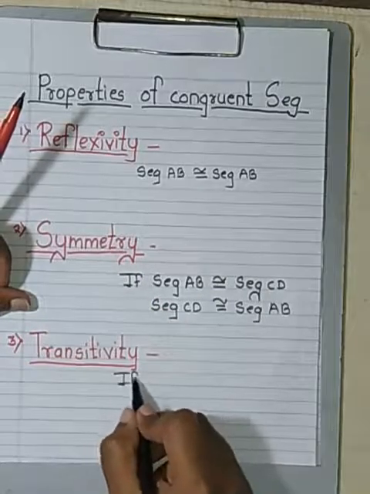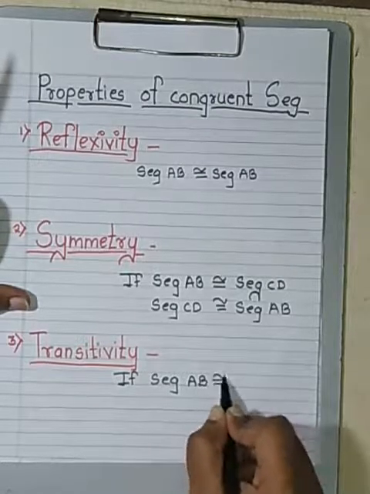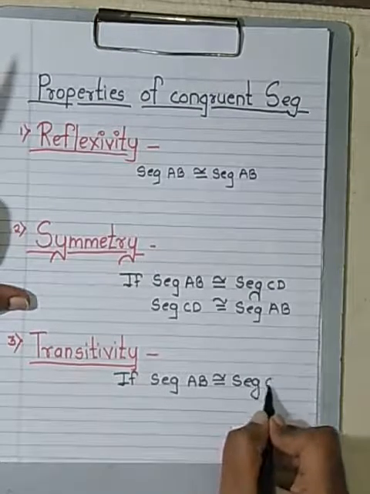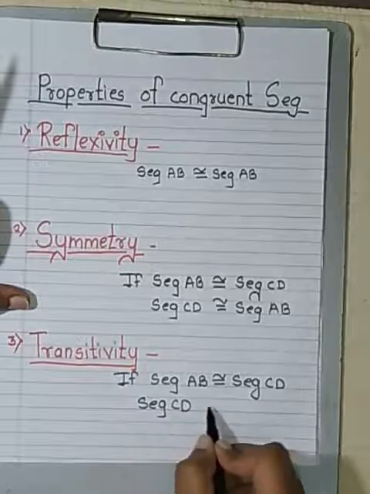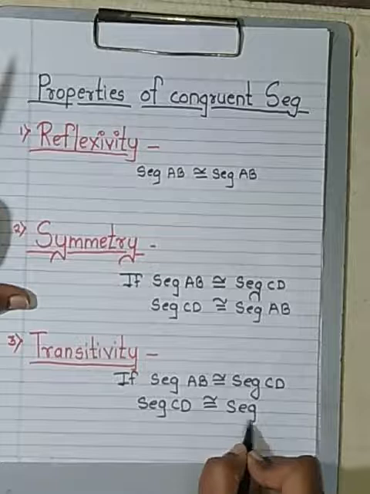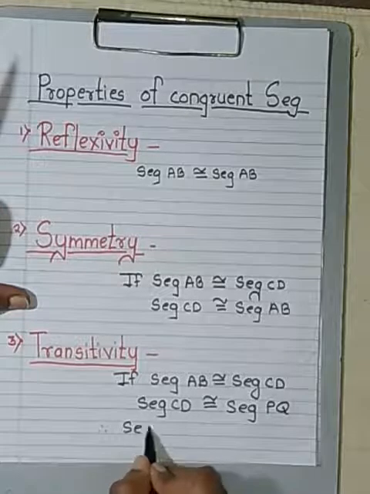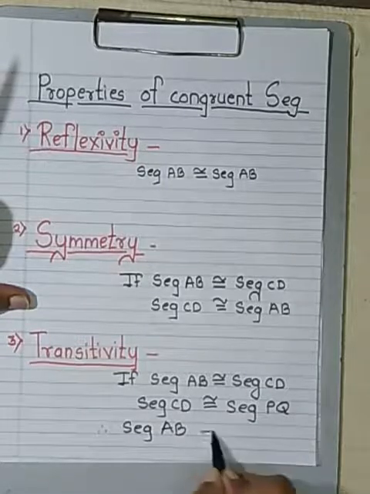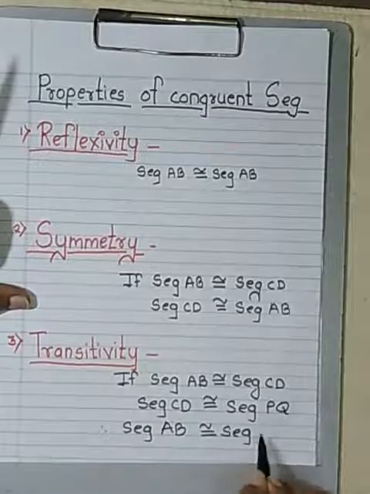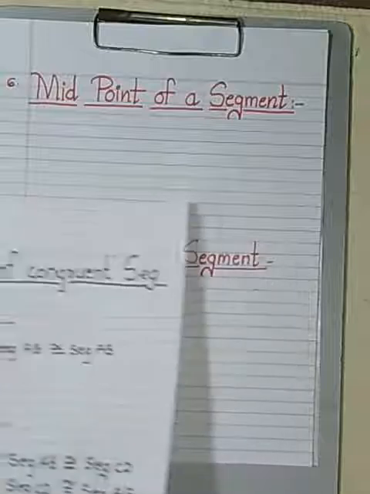If segment AB is congruent to segment CD, but segment CD is also congruent to segment PQ, then from this you can say that segment AB is also congruent to segment PQ. This is transitivity. Now let us move on to the next point, that is midpoint of a segment.